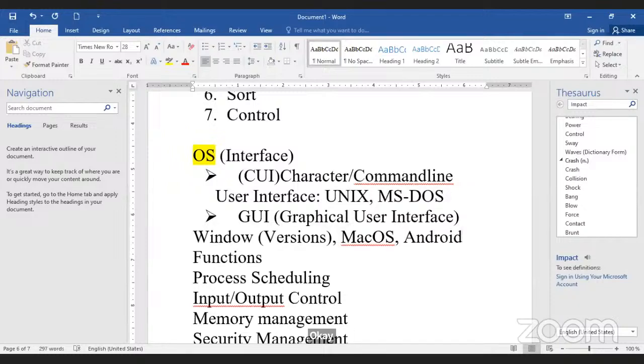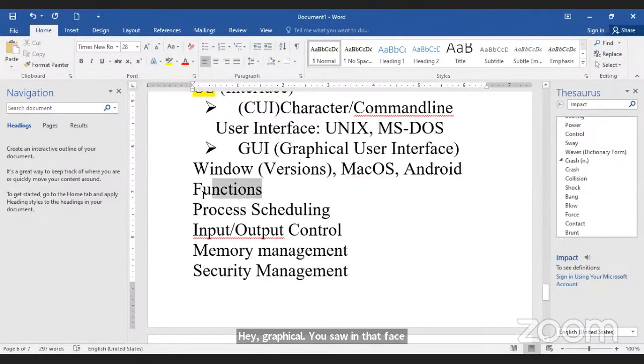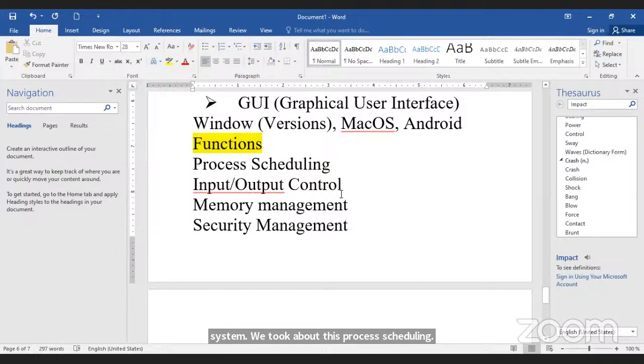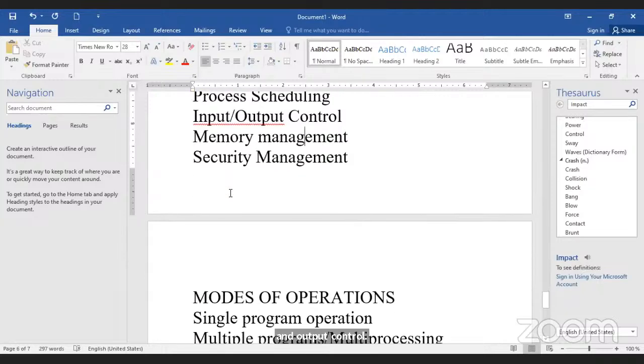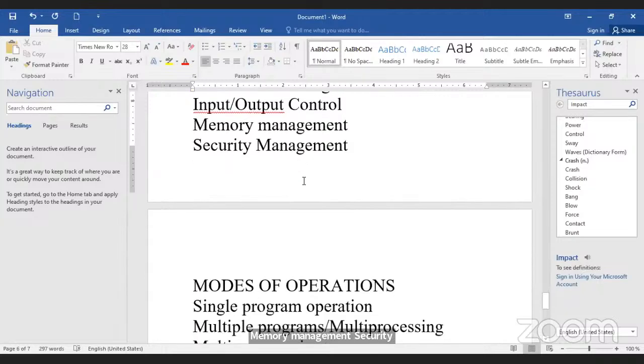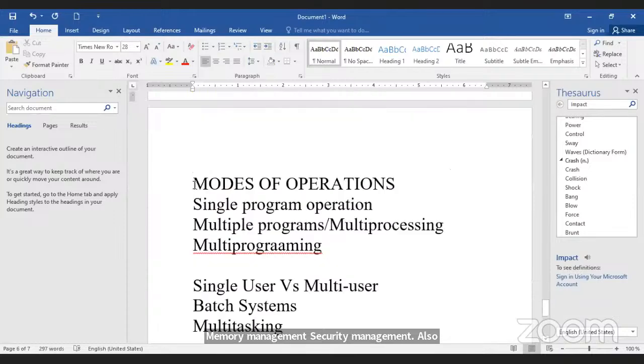These are some of the operating systems that have a graphical user interface. Also, we mentioned the functions of the operating system: process scheduling, input and output control, memory management, and security management.